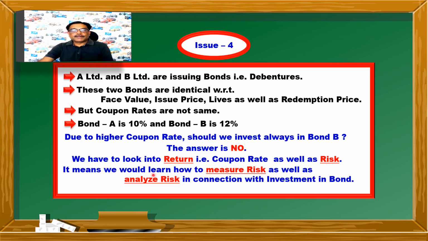It means we would learn how to measure risk as well as analyze risk in connection with investment in bond. How to calculate risk or how to measure risk, how to analyze risk, that also we have to learn. Issue number 1, 2 and 3 I told you value perspective. Issue number 4 it is your risk perspective.